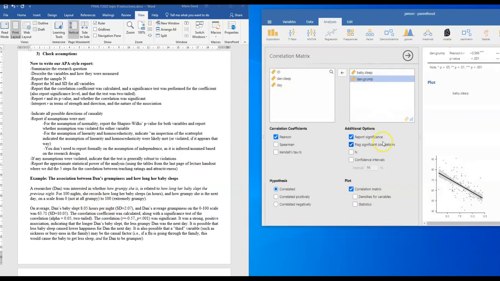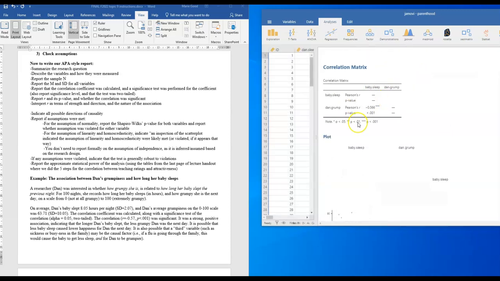Like Jamovi, I don't think even gives you an option, right? It's not like it was with the t-test where you could click off whether you were doing a one or two-tailed test and in what direction. Here we just get a p-value, and that p-value is the two-tailed p-value. So it kind of goes without saying, but just re-report it anyhow. And alpha is 0.05.